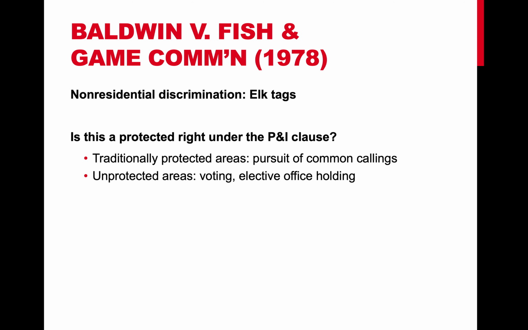Right, but the pursuit of common callings deals with the ability to engage with other states, the ability to move from one state to another, and the ability to access the courts, the ability to hold property. Those rights, those privileges and immunities go to, the court says, the very idea of a single nation.